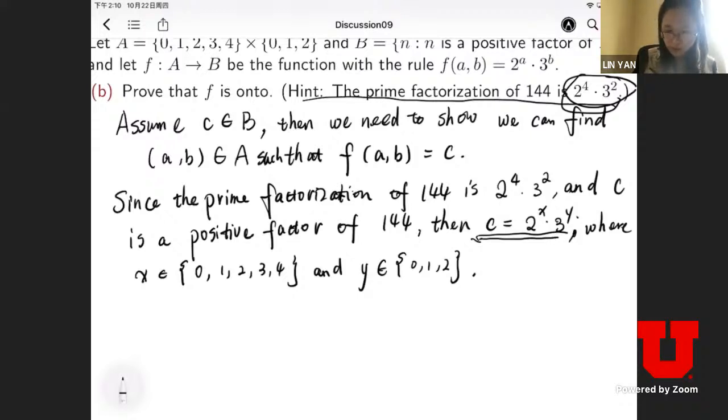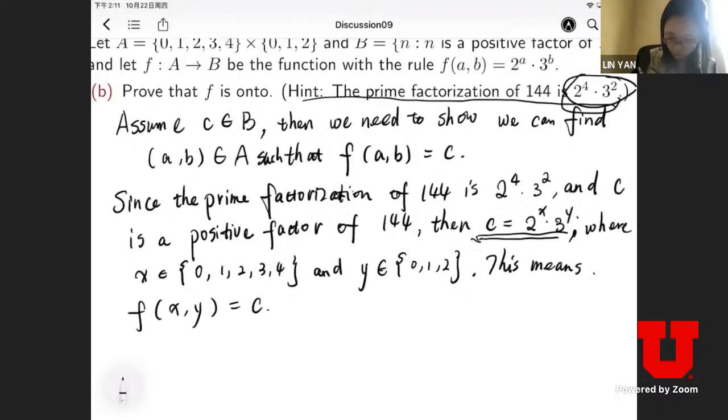And because it is a positive factor, x should be in the range of 0 to 4, and y should be in the range of 0 to 2. And this means f(x, y) is equal to c.